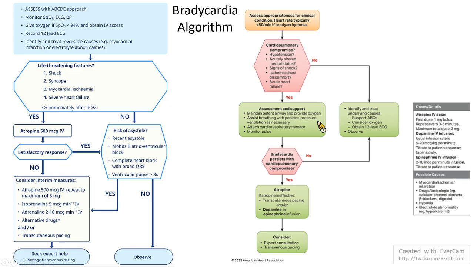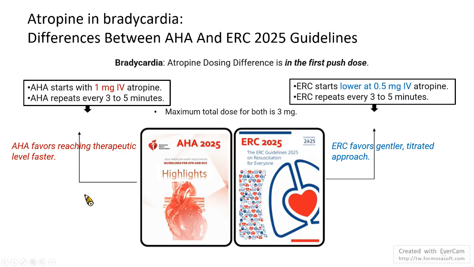And here is a comparison of the bradycardia algorithm from the ERC on the left to the AHA on the right. Actually they are quite similar, but with a slight difference in the atropine dose. In terms of bradycardia management, the first push dose differs.